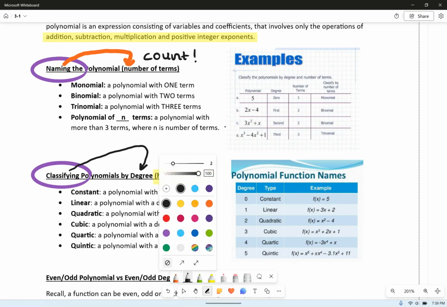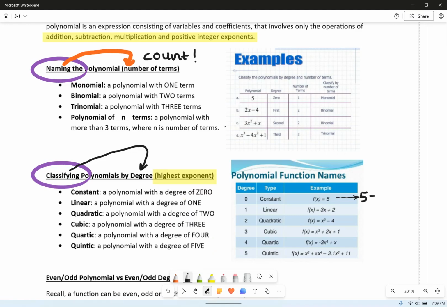When you have a constant and you tell me there's no exponent, actually there is. 5 is the same thing as saying 5 times x to the 0 power. Remember, any quantity raised to the 0 power, in essence, is saying 5 times 1. Don't forget, m to a 0 power is a 1. Any variable to a 0 power is 1.